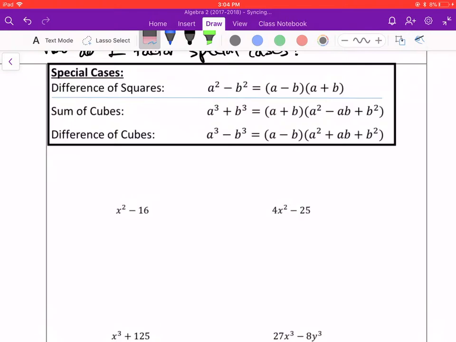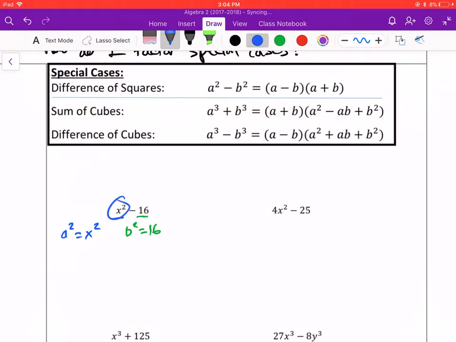In this case, here's A squared, x squared, and here's B squared, 16. That means A squared is x squared, and B squared is 16, in the corresponding spots.